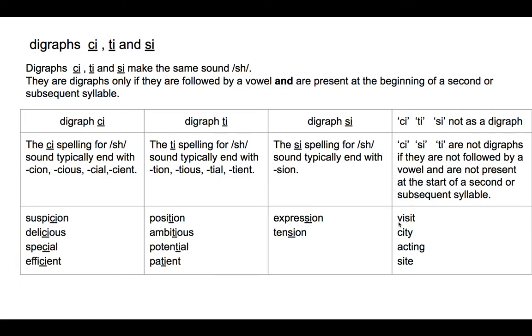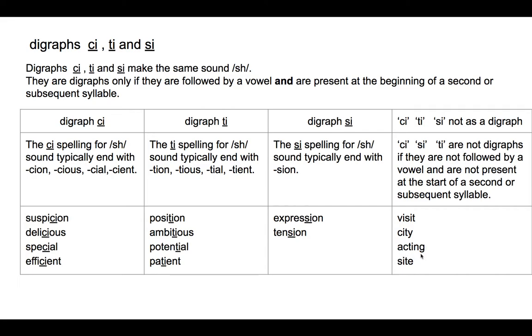Instead, it has the normal pronunciation. Visit. Here, this SI is not followed by a vowel, so it is not a digraph. City. Here also, this CI is not followed by a vowel, and also it is present at the start of the word, which means it is at the beginning of a first syllable, so it is not a digraph.